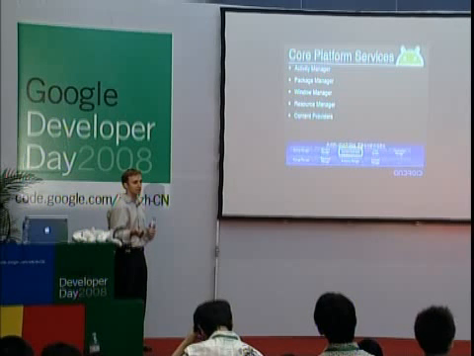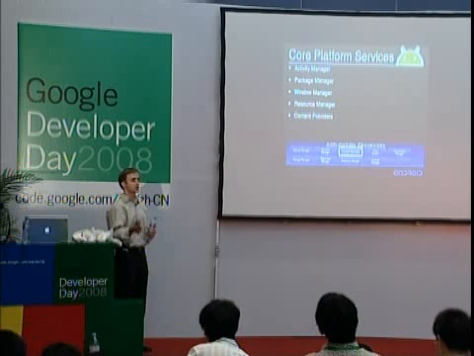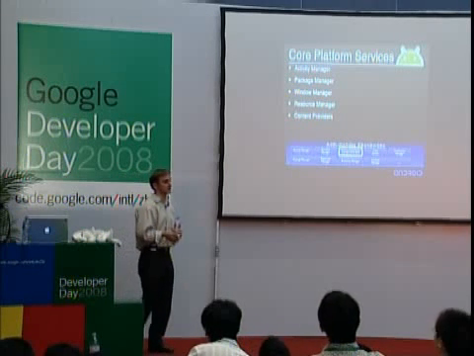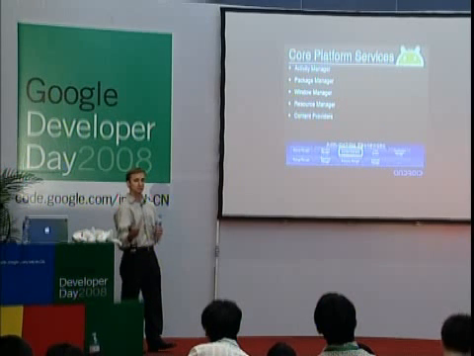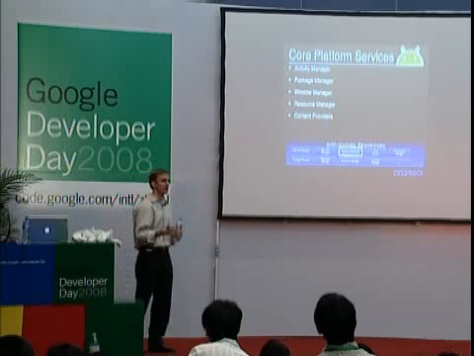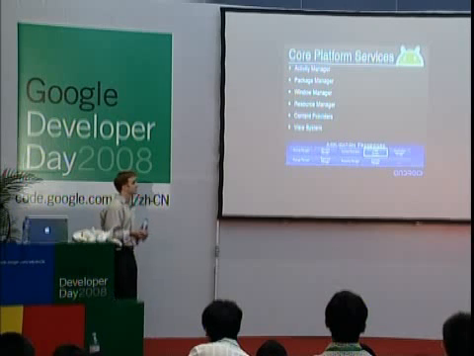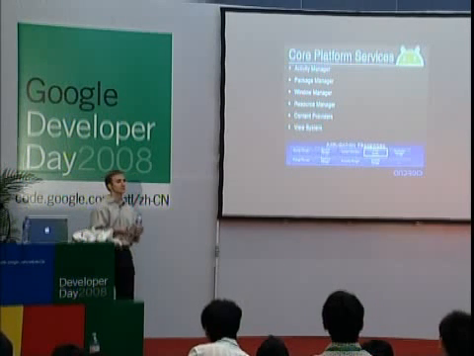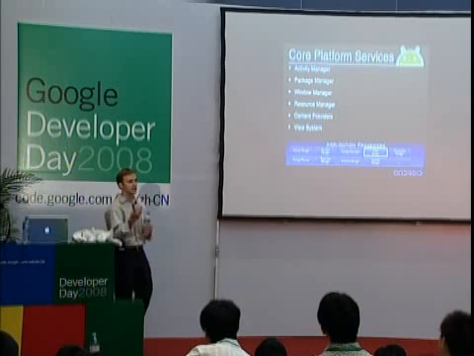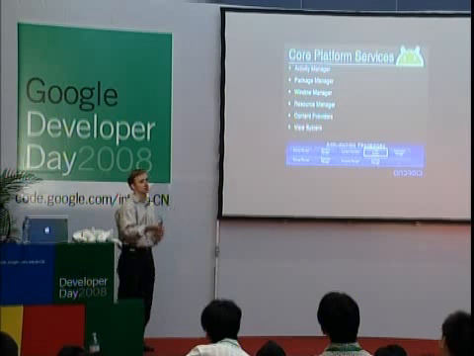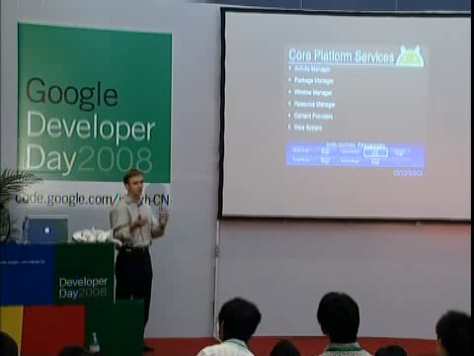Content providers provide an abstraction to data access and are services that allow you to share data between different applications and services. So we have a contacts content provider, and it allows you to expose your contact information to different applications so that not everyone needs to maintain their own database of contacts. And the view system contains all of the standard views and widgets that you would use to build an actual application. So your text view and your buttons, and also your layouts, so that you can position them on the screen.